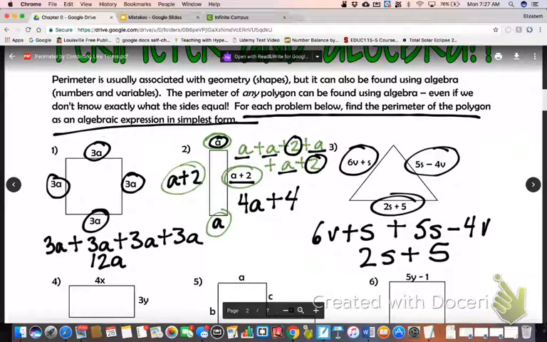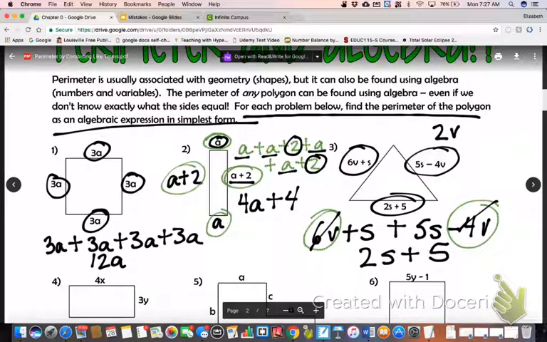So if I combine my like terms, let's look at what I have that's the same. So I've got 6V, which pairs with negative 4V. So 6V minus 4V is going to be 2V. I'm going to write it up here in the top. Those are gone.